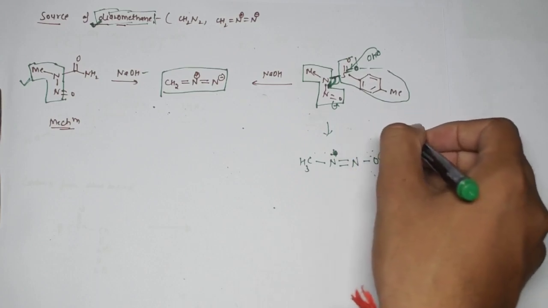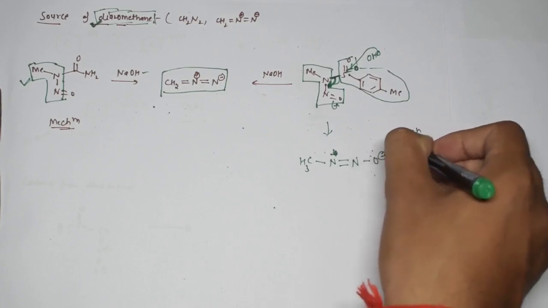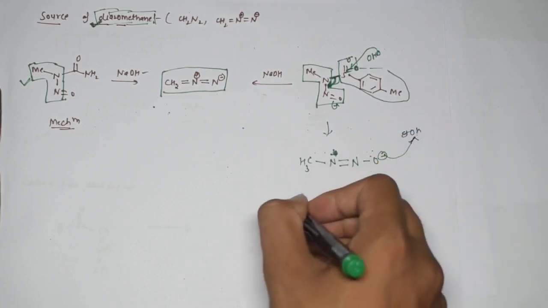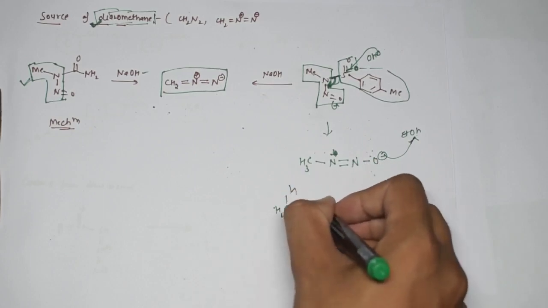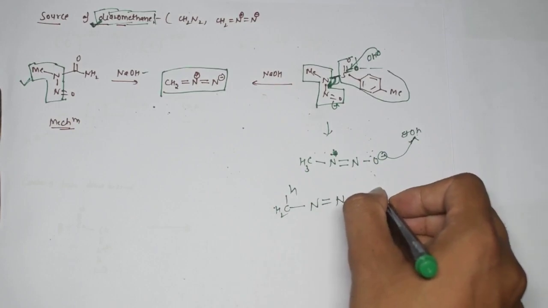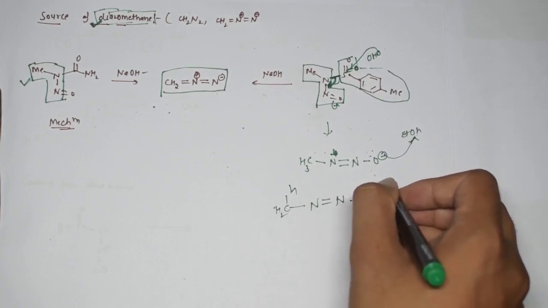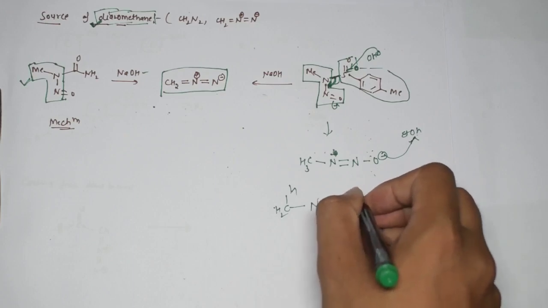If I use the ether, right? If suppose we have EtOH or the water molecule, this will abstract one proton from here. So here we will have CH2H like this, and double bond N, and here we will have this as OH like this, right? So we will get this one.